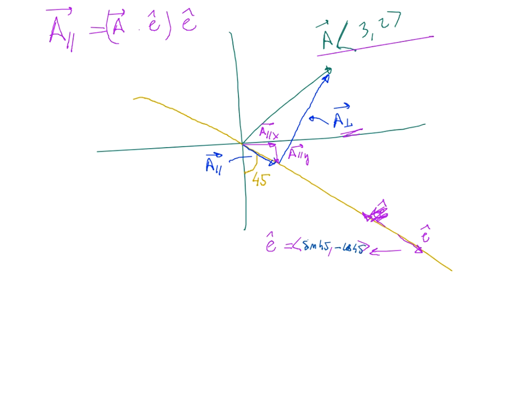Because now it's just plug and chug. Let's do this. Can you give me the dot product of A dot E? Remember, the only terms that will survive are I dot I and J dot J. Can you give me a number that represents the dot product between this vector and this vector?